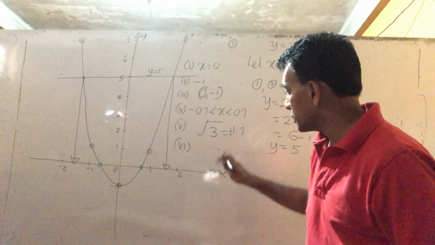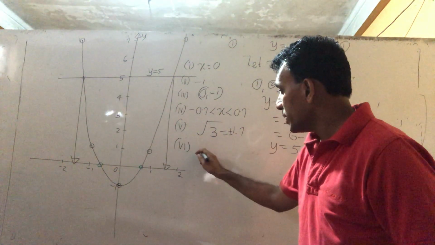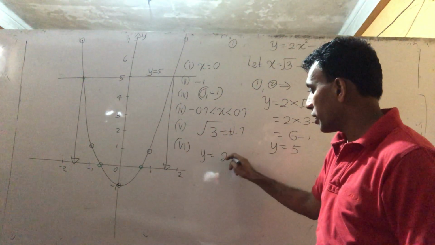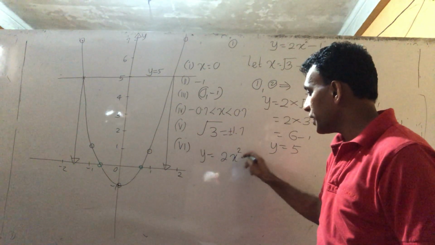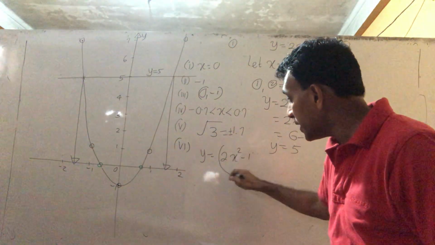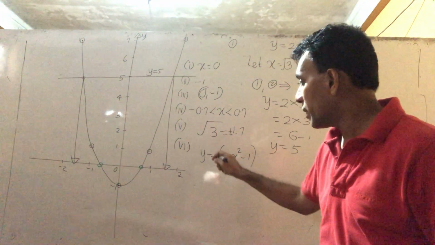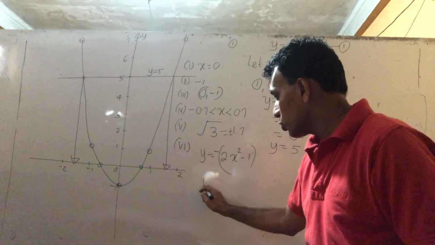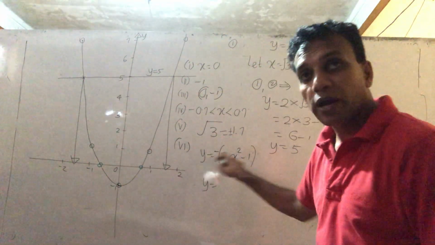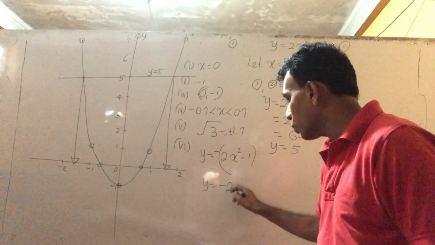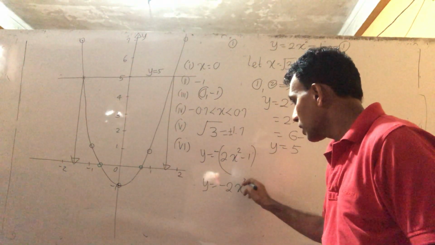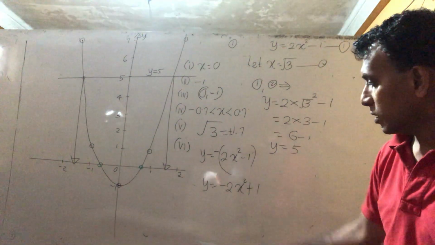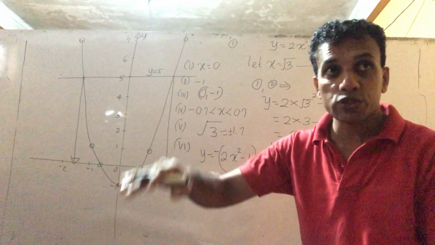So the answer is y equal, the graph 2x square minus 1 completely changed by what? Minus. Put a minus. Now better you bracket, remove and multiply by minus: y equal minus 2x square plus 1. Okay, this is the equation, an important part for future exams.